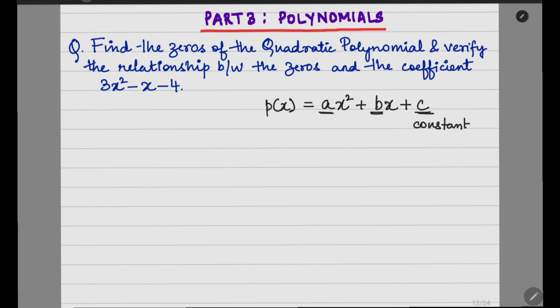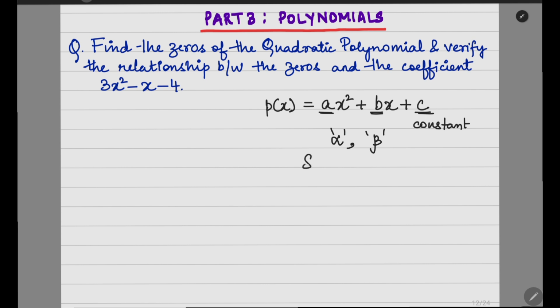Suppose this is your quadratic polynomial p of x, and the two zeros of this specific quadratic polynomial are alpha as well as beta.